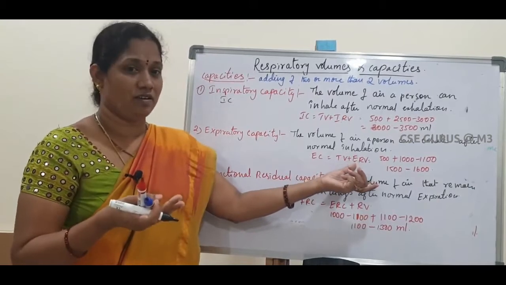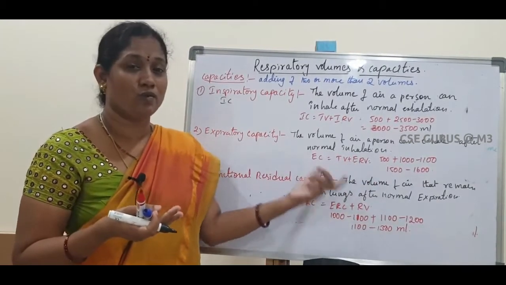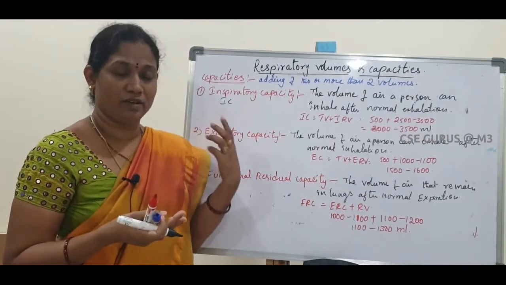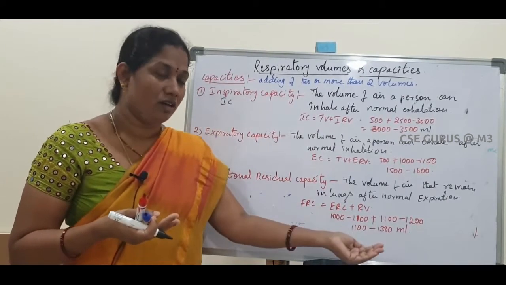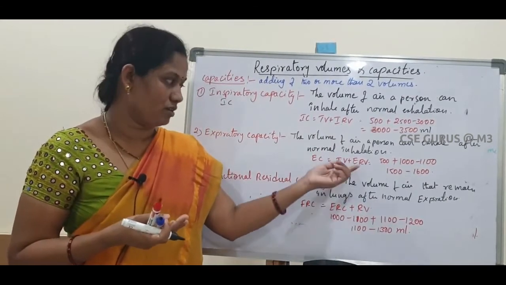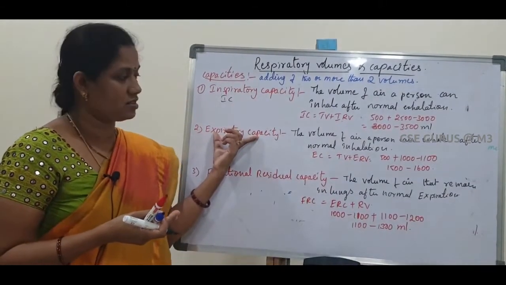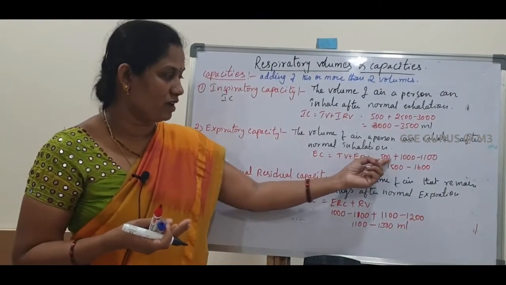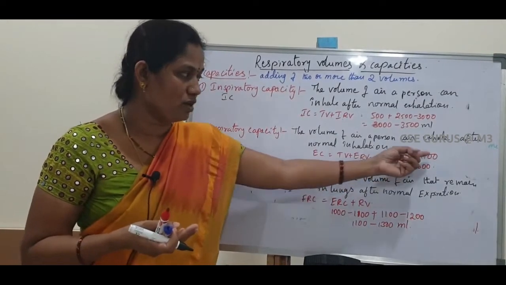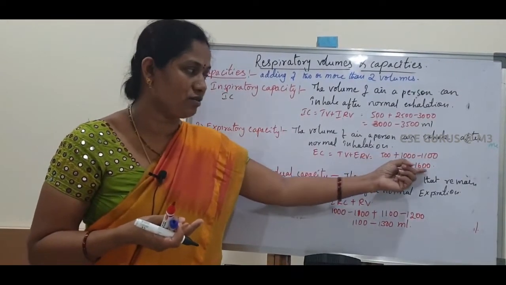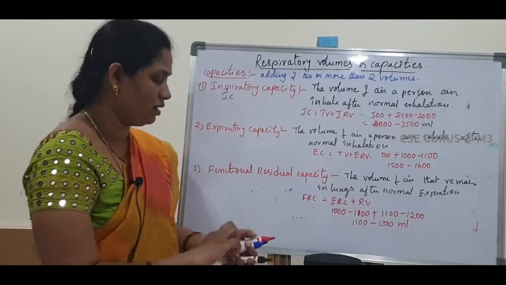Next, the ERV present in our lungs is also exhaled to the outside. Together this is called expiratory capacity. TV is 500, ERV is 1000 to 1100, total 1500 to 1600 ml.